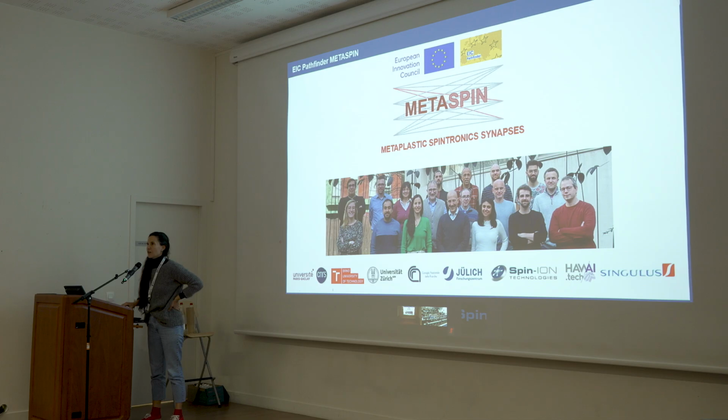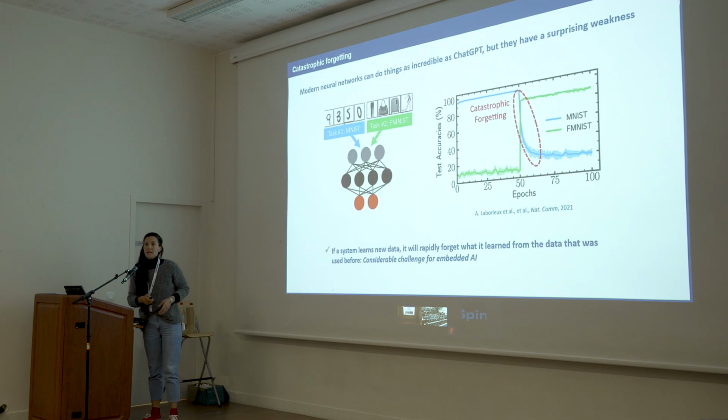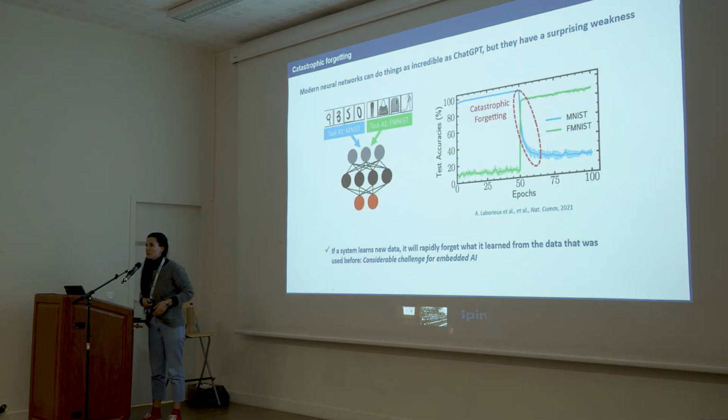A lot has been said already in this direction. It's really all based on this work from Damien's group, which has already been introduced to this audience today, around the concept of catastrophic forgetting, which I will not repeat.